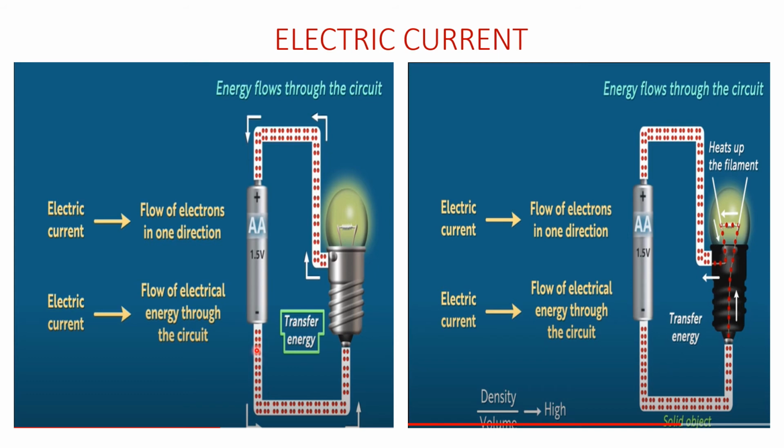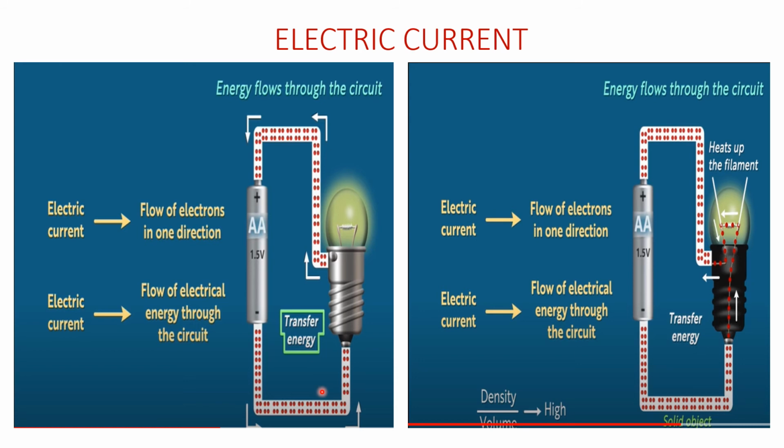The negatively charged electrons from the negative end drift away from the negative terminal, but in the process they repel the neighboring electrons. Why? Because like charges always repel each other. In other words, they transfer some of the energy to the neighboring electrons, as you can see.